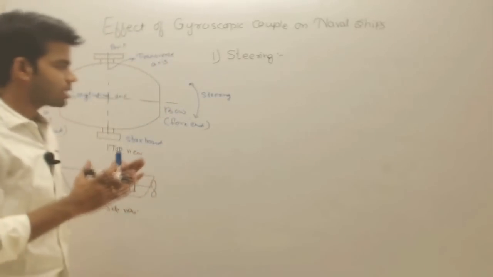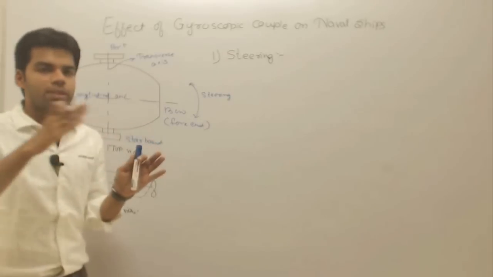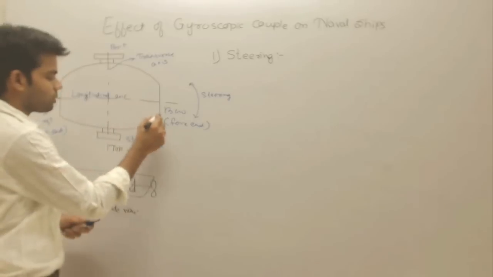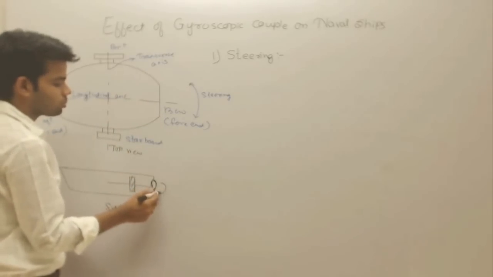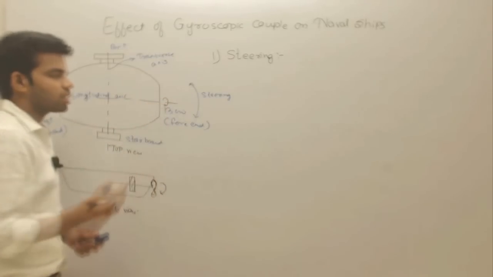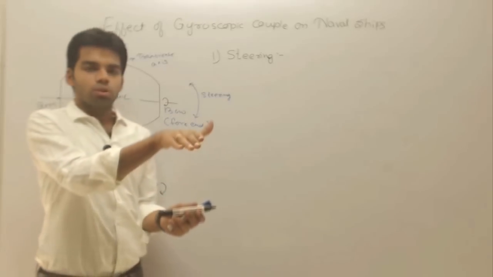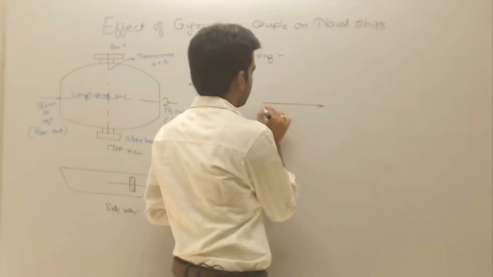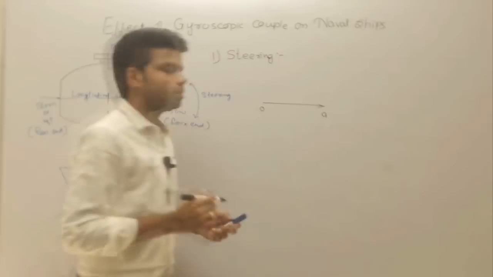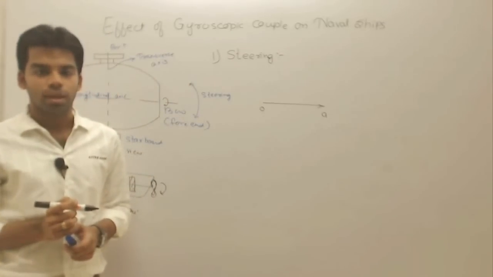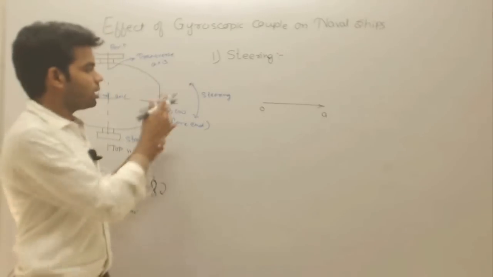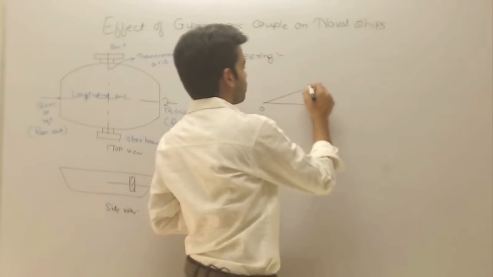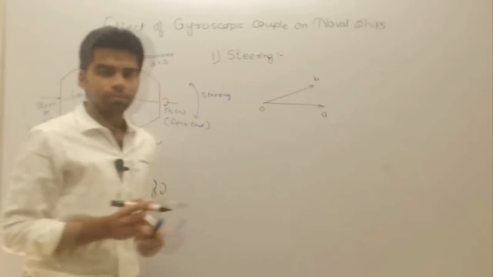Okay, so let us analyze this, and this phenomenon will be the same as what we have studied in the aeroplane. Initially this is our rotor. Suppose that the rotor is rotating in a clockwise direction. So because the rotor is rotating in a clockwise direction, the direction of angular velocity will be like this. This is the OA vector, initially the angular velocity. When the ship is turning left, the final angular velocity vector will be OB.